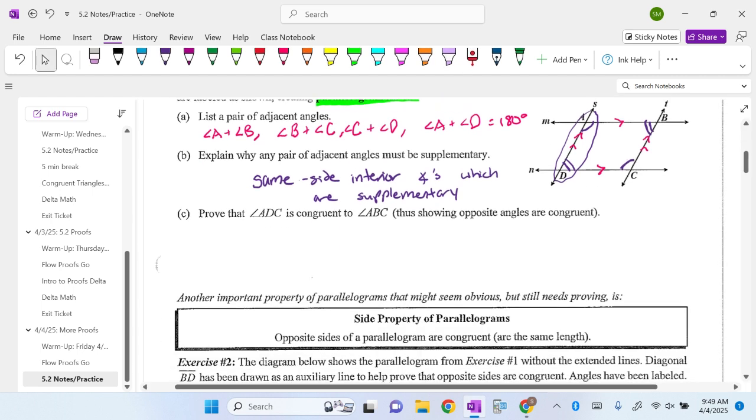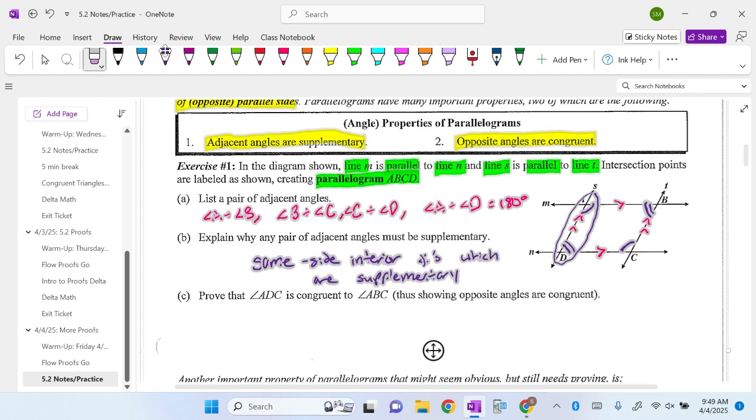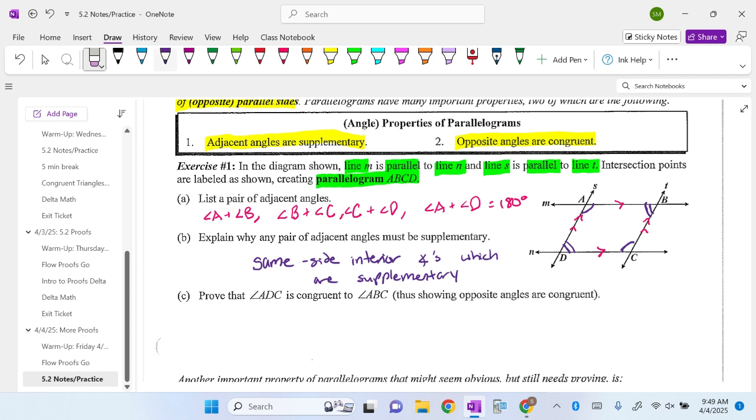Now, it then wants us to prove that angle ADC, so in other words, this angle right here, is congruent to angle ABC, which is this angle right here, thus showing opposite angles are congruent.